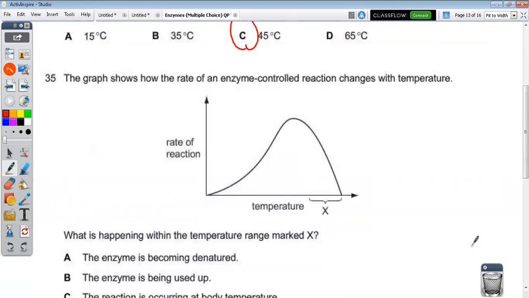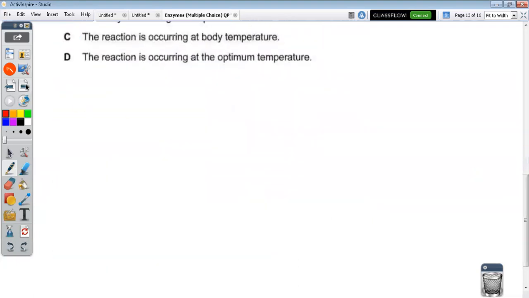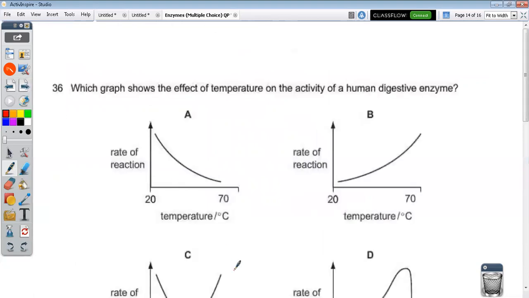Rate of reaction and temperature. What is happening at X? The enzyme is becoming denatured, destroyed. Now this becomes a tricky question to most of you. The graph shows the effect of temperature on enzyme activity. Which graph shows the effect of temperature on enzyme activity?